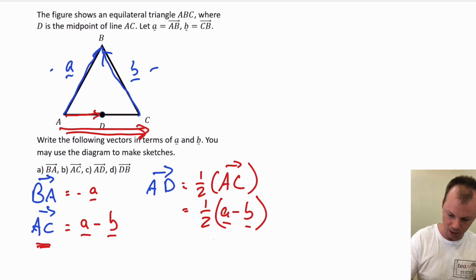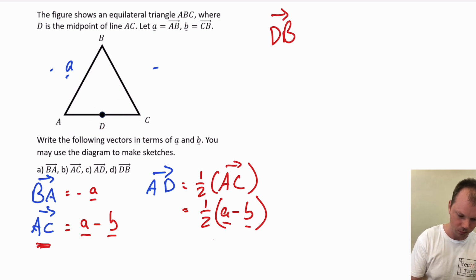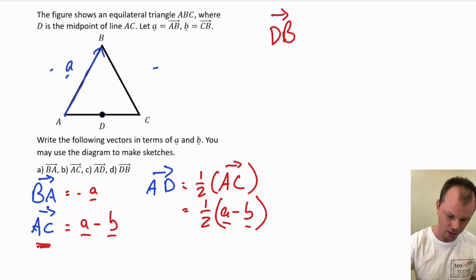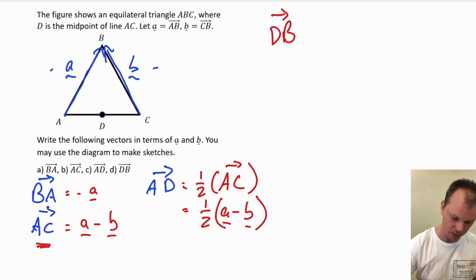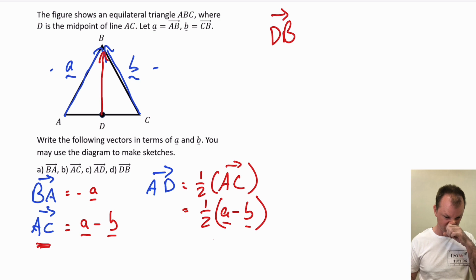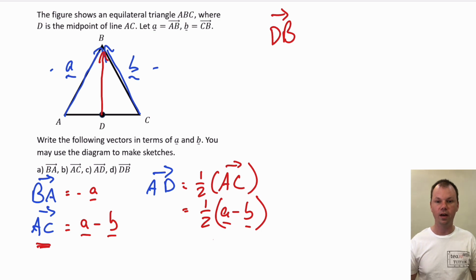The last one, we are after DB. So we'll clean this up. So that's our A, that's our B. And we are after DB, and that one here. Now, if we're looking for traveling in this direction, another property of our vectors is it doesn't matter where they start.